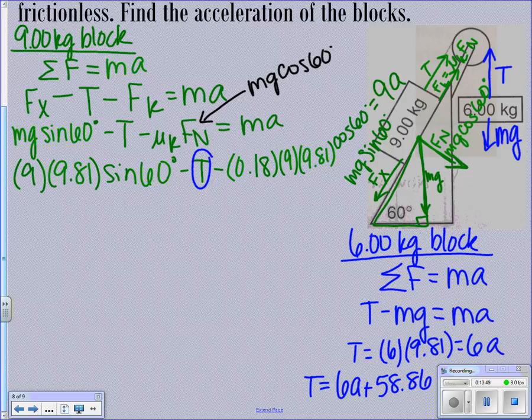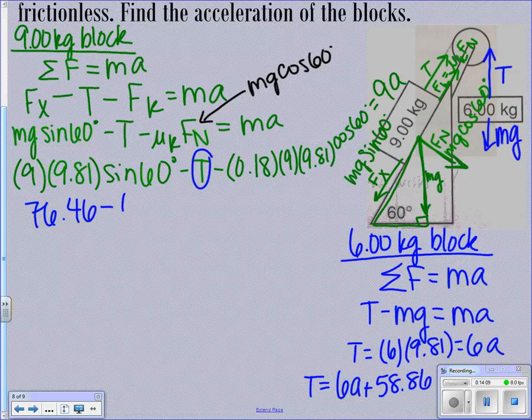So now we can plug that in over here, and we can solve for our acceleration. So 9 times 9.81 times sine of 60 should be 76.46 with some more decimals behind it. If you did not get that number, that means your calculator is probably not in degrees.